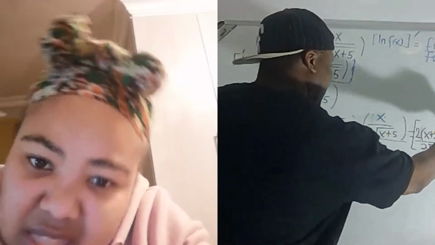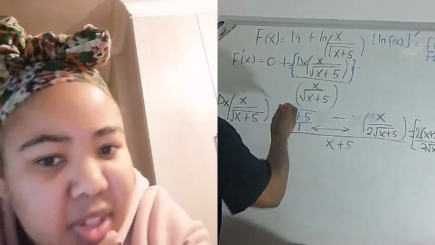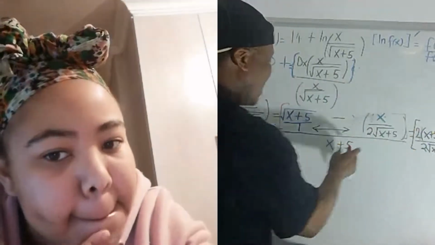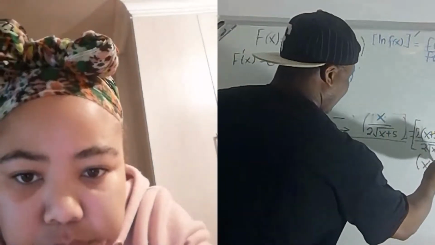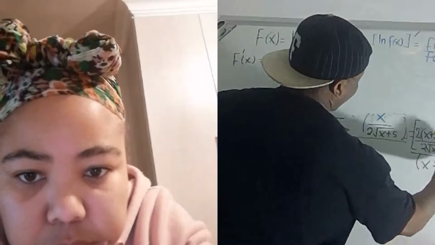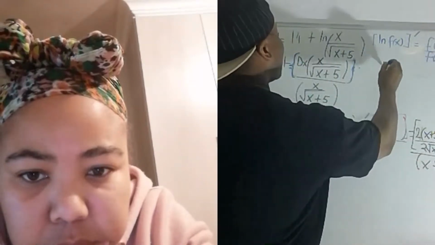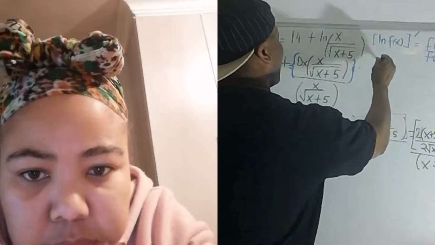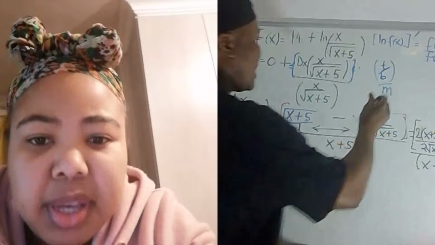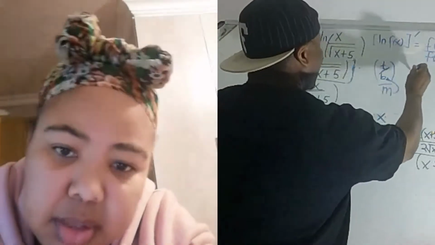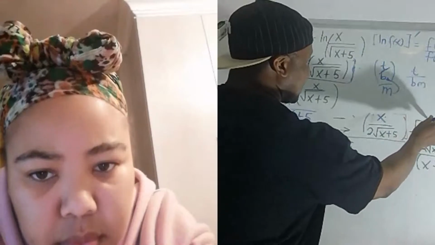But this is for the top. We need to divide by x plus 5. If somebody gives, let's say, T over B over M, where is M going to go?